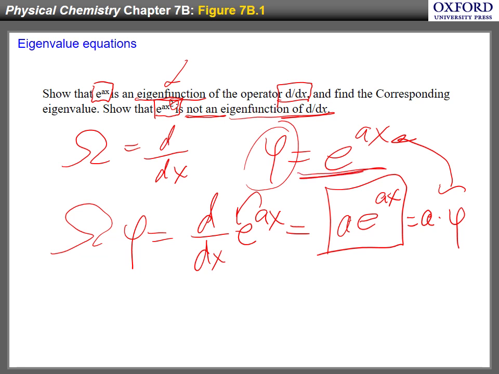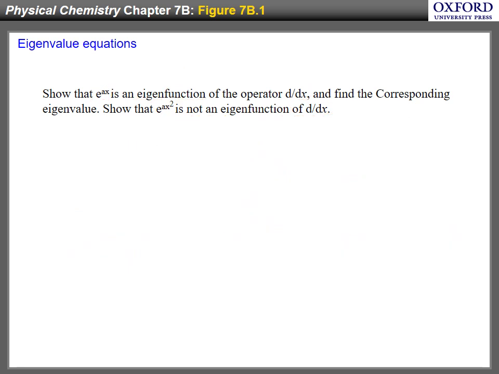Now let's look at the other example. In the second scenario, we need to show that e to the ax squared is not an eigenfunction of d/dx. Same logic, same thing happens here.